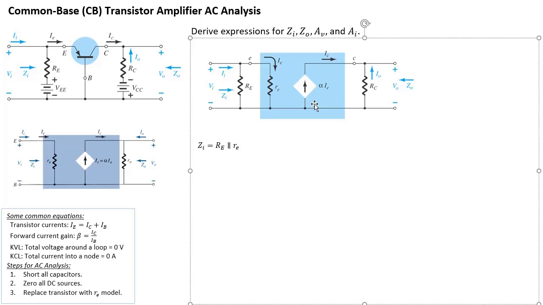Now Zo is the output impedance as seen by Vo, looking from right to left. As usual, whenever we want to work out the output impedance, we need to zero the input voltage.